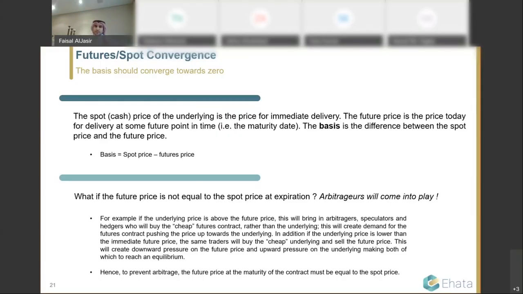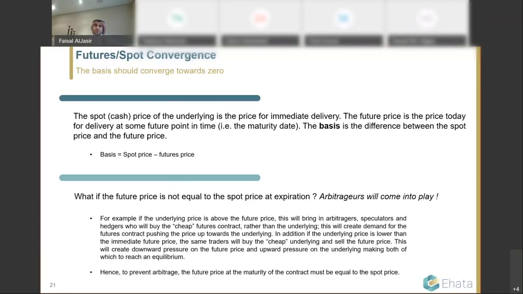If the future is more expensive, and let's say the expiry date is after 1 minute, you would find arbitrageurs coming in and buying the underlying and selling the future, which is the expensive one, and making that kind of money. So eventually, when the pressure comes, you would find pressure on buying the futures or pressure on selling the underlying.